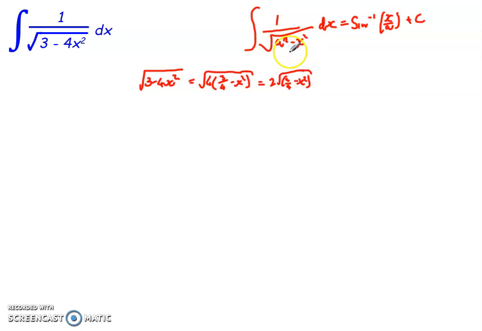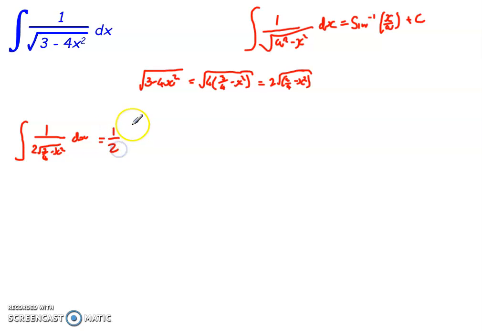Now this can be equated to this in that same format. So what I can do is make my integral the integral of 1 over 2 square root of 3 over 4 minus x squared dx. Now this 1 over 2 here, which I can split off, becomes a constant in front of my integration.